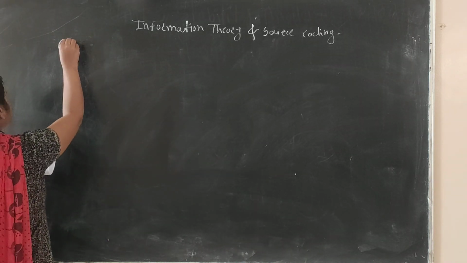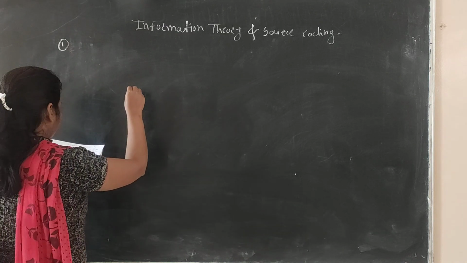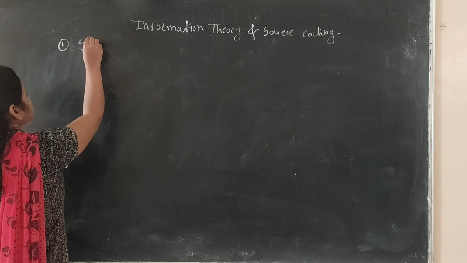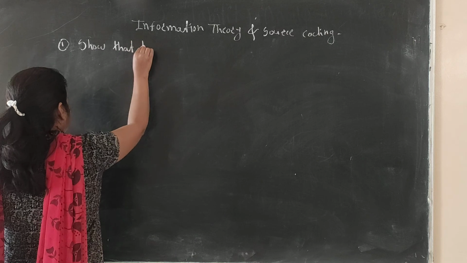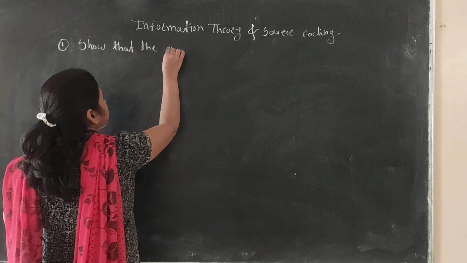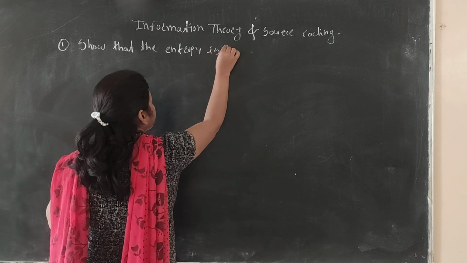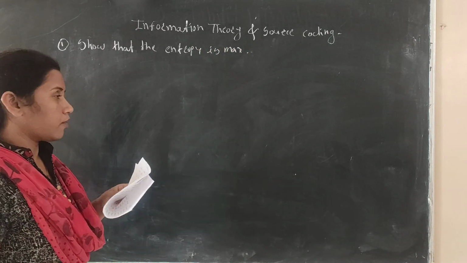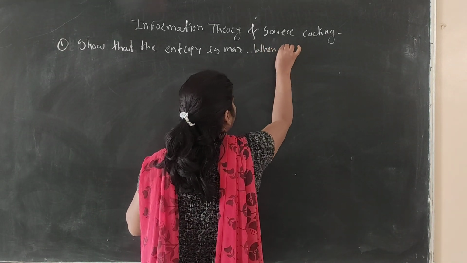The numerical is like this: show that the entropy is maximum when all the messages are equiprobable.